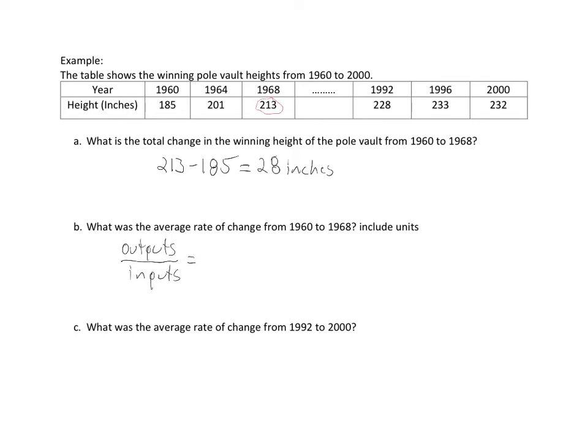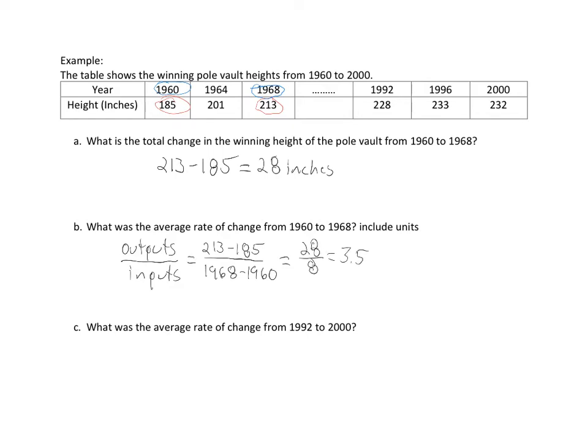In 1968, 213, and in 1960, 185. So 213 minus 185 would be the change in the outputs. 1968 and 1960 would be the inputs. So 1968 minus 1960 gives us 28 over 8, which equals 3.5.